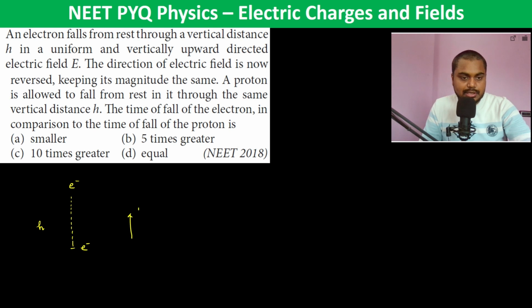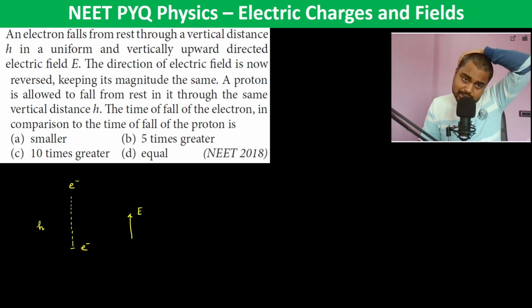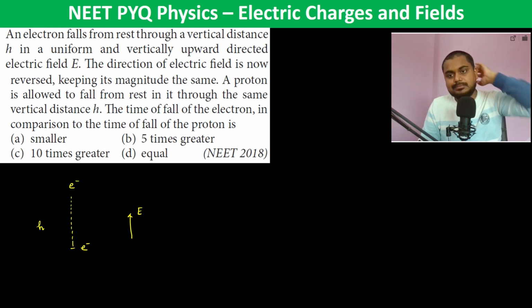So this is the electric field. The direction of the electric field is now reversed, keeping its magnitude the same. A proton is allowed to fall from rest through the same vertical distance h. The time of fall of the electron in comparison to the time of fall of the proton is.